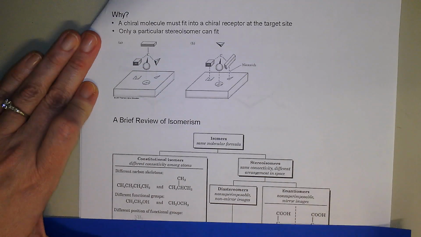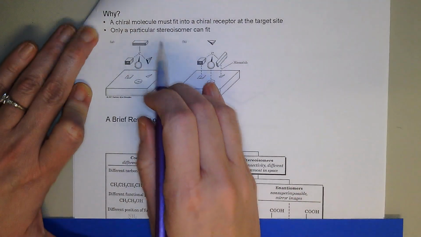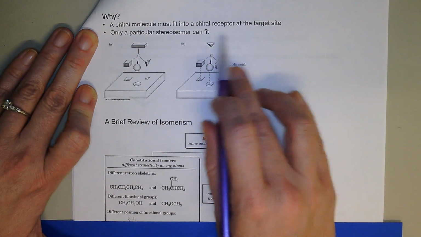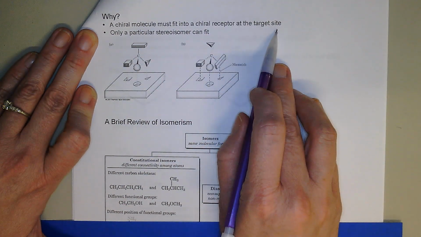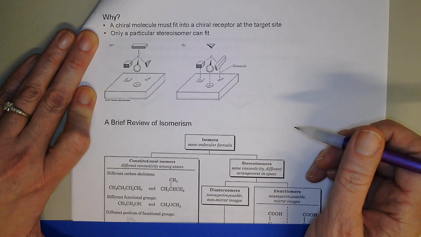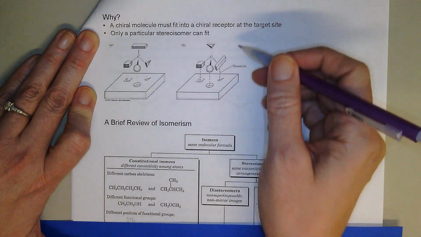Pretty sure you probably know how enzymes work. A lot of you have had AP Bio. Chiral molecules, especially biomolecules, have to fit into a chiral receptor at a target site. It's like enzymes trying to fit into a specific place on a protein. If they don't fit, they don't work.